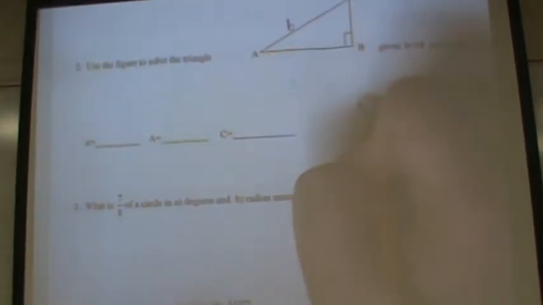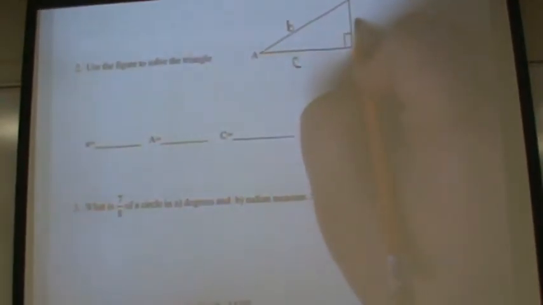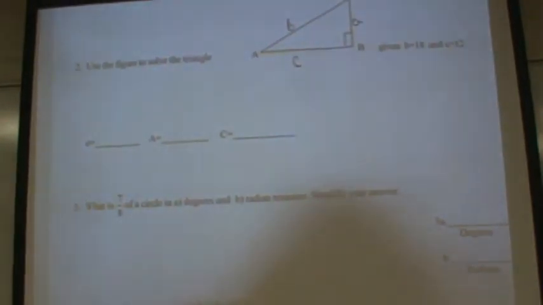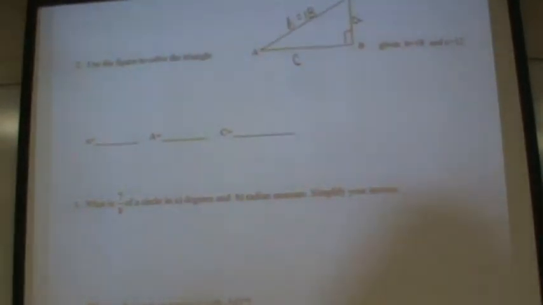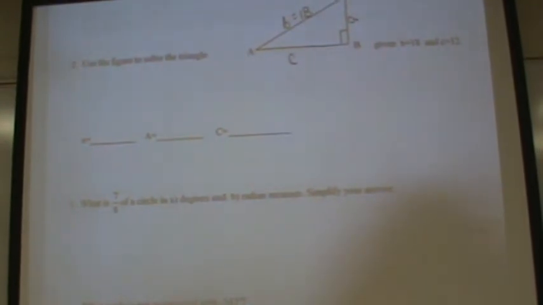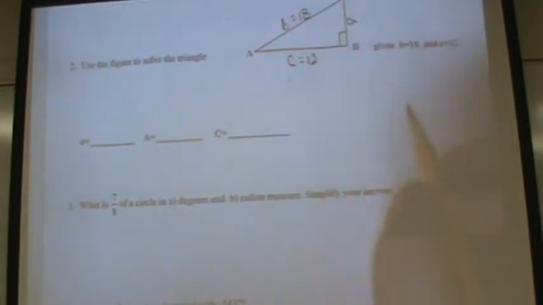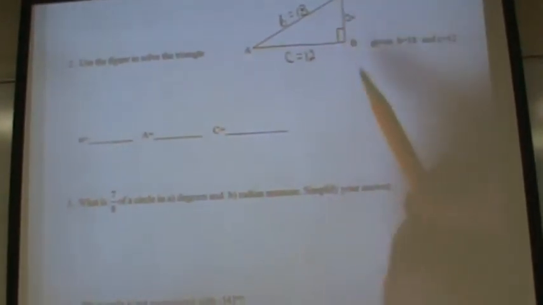So this is side B because it's opposite angle B. This is side C because it's opposite angle C. And this is side A because it's opposite angle A. So we know that our hypotenuse is 18, and then we're given that C equals 12. So we know our longer leg equals 12. So we need to find A, and then we need to find angle A and angle C.